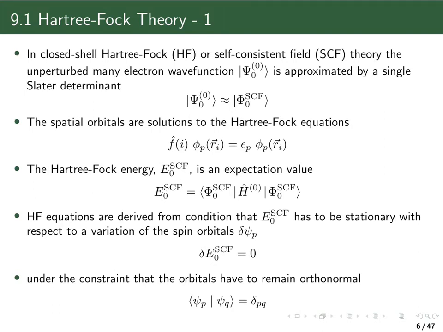In addition to this, there's the constraint that the spin orbitals remain orthonormal. Starting from this condition and this constraint, one then can derive the Hartree-Fock equations for the spin orbitals and then integrate over spin in order to get the Hartree-Fock equations for the spatial orbitals.